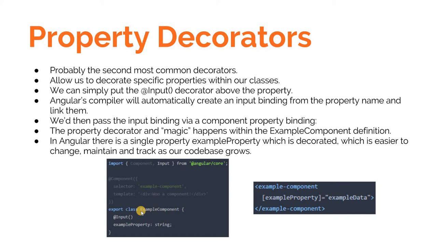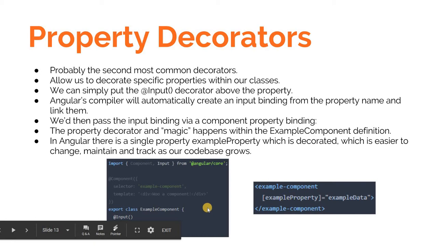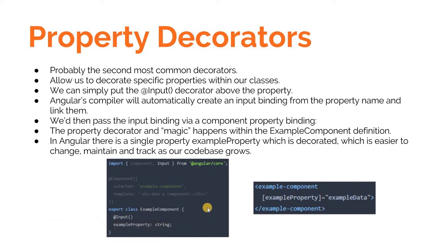So if you want to change the name of this property inside the class but still don't want to change any other names wherever this input property has been bound, you can alias it with the same property, the example property here, while the actual name of that property can change and you can use some other name for it.